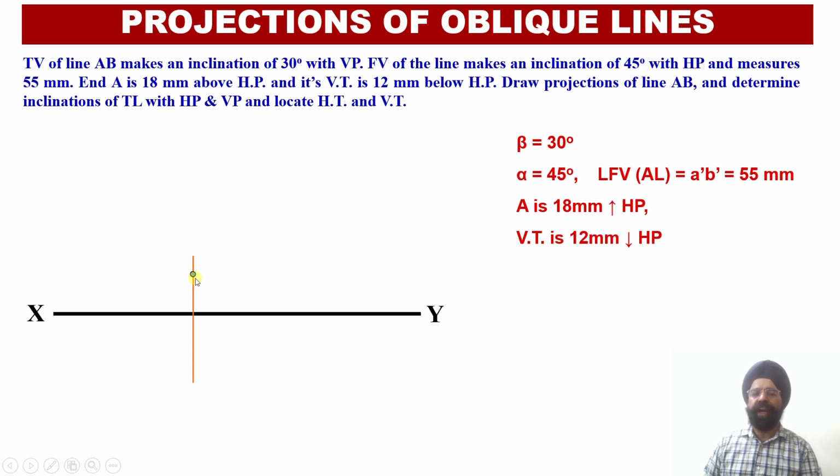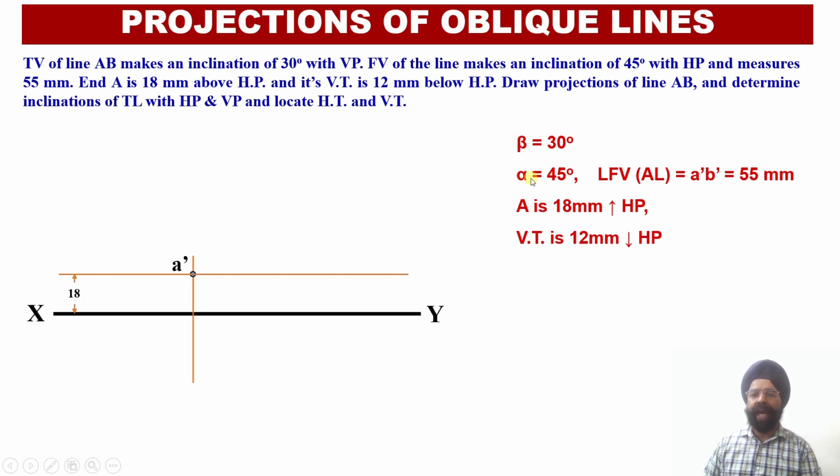So point A dash will be lying 18 millimeter above the XY reference line. Here we have marked this distance equal to 18 millimeter. So point A dash, which represents the front view projection of the end A of the line, is lying 18 millimeter above the horizontal plane or above the XY reference line.